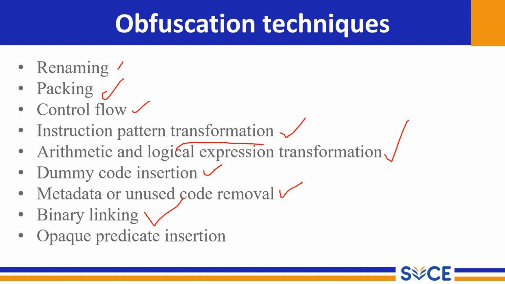And next one is opaque predicate insertion. So opaque, transparent, you might have seen in physics, like opaque, you can't see what is happening inside it. A predicate in code is a logical expression that's either true or false. Opaque predicates are conditional branches or if-else statements where the results cannot easily be determined with static analysis.